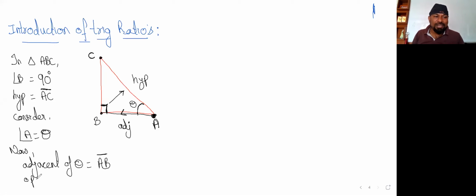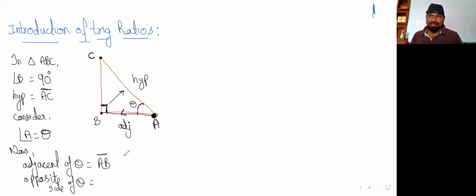Now the opposite side of theta. Just now I said opposite means the side which does not touch theta. Theta won't be starting there. So the side opposite to theta, where is theta?